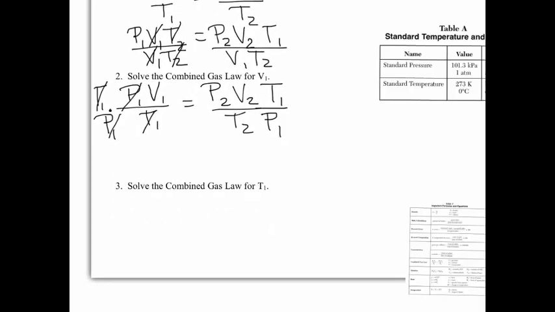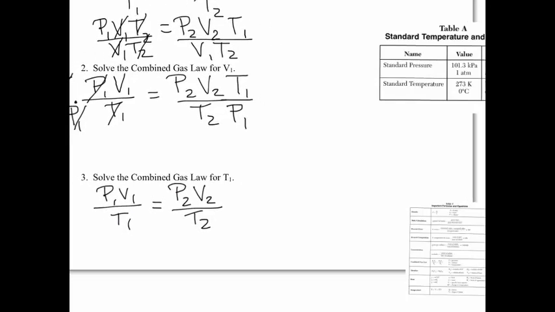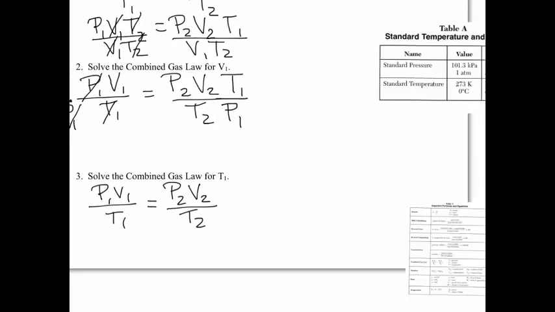I'm going to show you one more time in this last one. Oh, maybe not. This one we probably do have to cross-multiply to figure it out. So since T1 is in the denominator, this is often really tricky for students. So we're going to cross-multiply for sure on this one. Let me do my work over here. So we'll have P1 V1 times T2. That's the denominator. So I just did this.